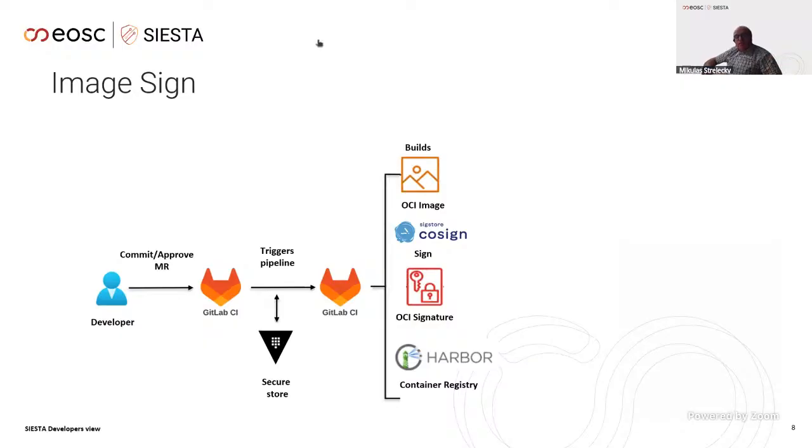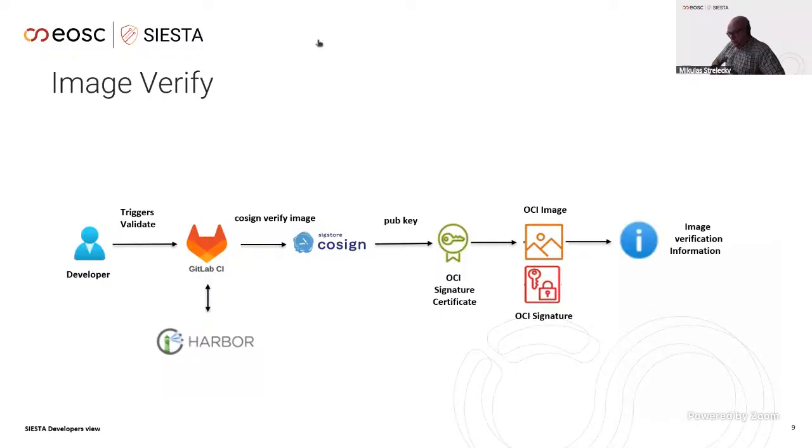Then we generate an SBOM and check security violations or CVEs on a daily basis, or even more frequently. We can set this up and then notify the team about the appropriate action to take to fix security issues. So Harbor is integrated and serves as the one source of truth for us in the Siesta platform environment.